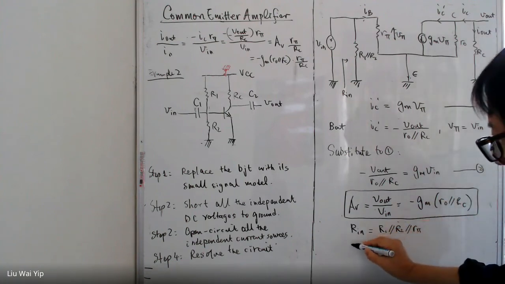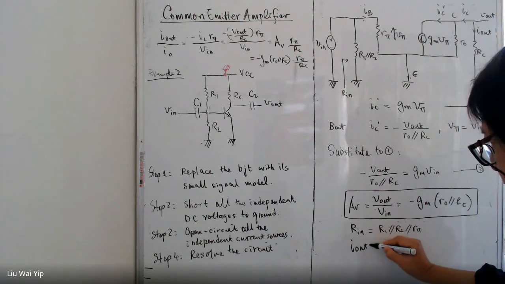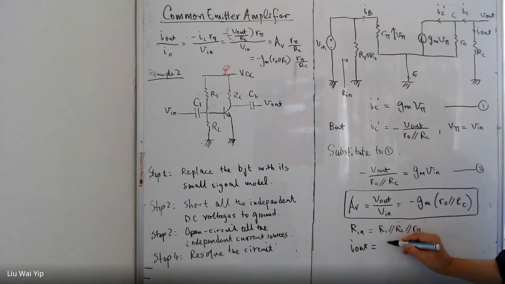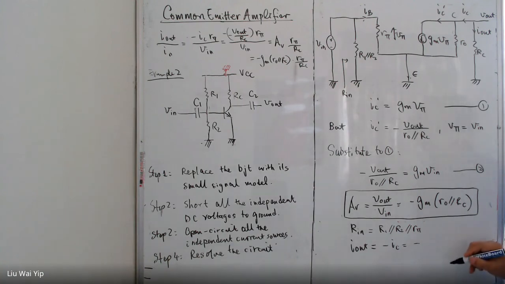I out, according to here, is minus IC, which is minus V out divided by RC.